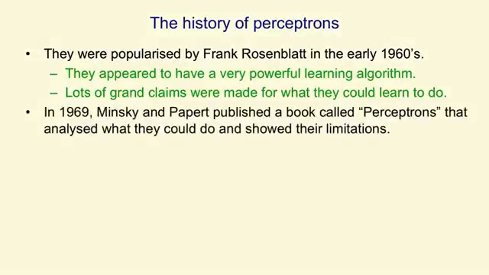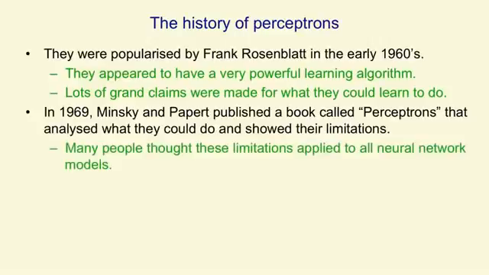In 1969, Minsky and Papert published a book called Perceptrons that analysed what perceptrons could do and showed their limitations. Many people thought those limitations applied to all neural network models, and the general feeling within artificial intelligence was that Minsky and Papert had shown that neural network models were nonsense, or that they couldn't learn difficult things.